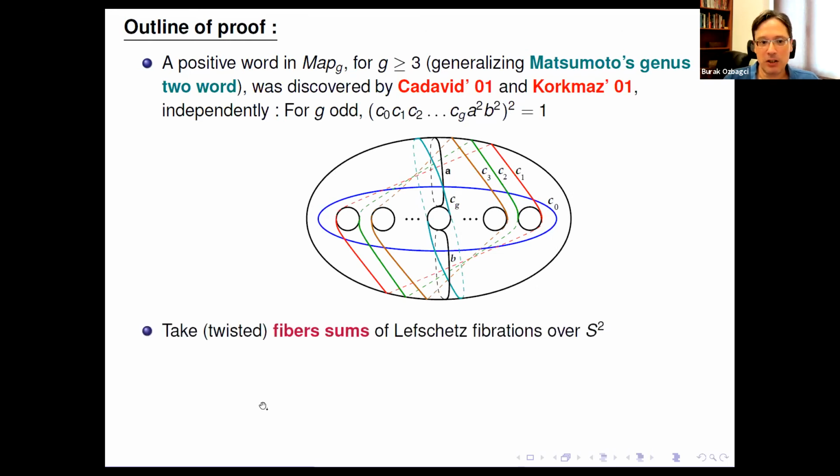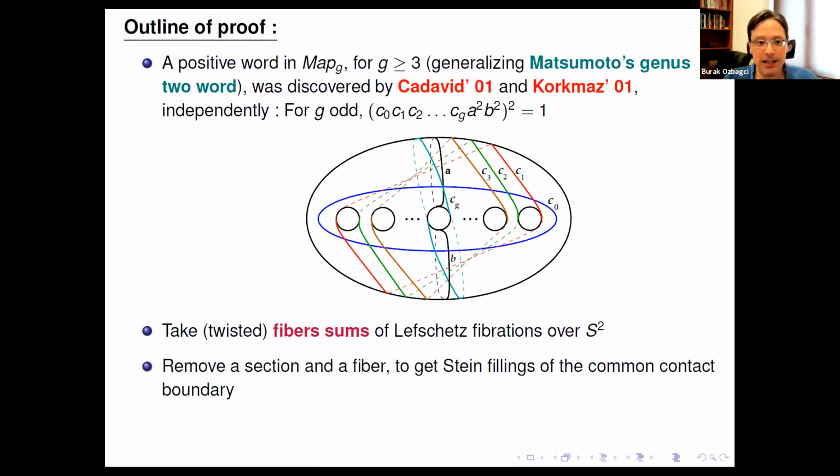Then we take twisted fiber sums of Lefschetz fibrations, two copies of these. Twisted means that when you do the fiber sum, you use a diffeomorphism different from the identity. That's sort of the critical point of this outline. Then you remove a section and a fiber to get Stein fillings, infinitely many of them, because you have infinitely many choices of twisting in this fiber sum, of the common contact boundary.